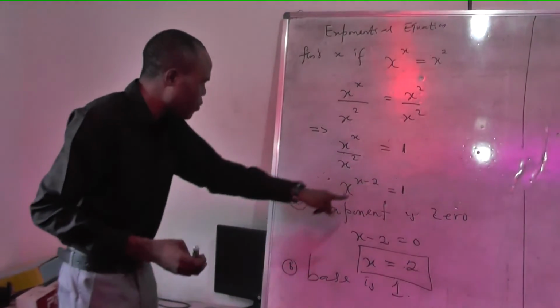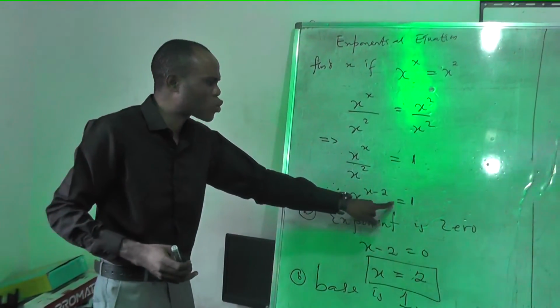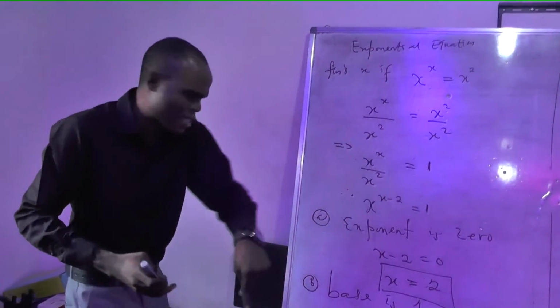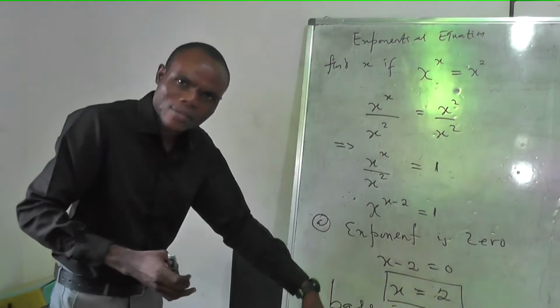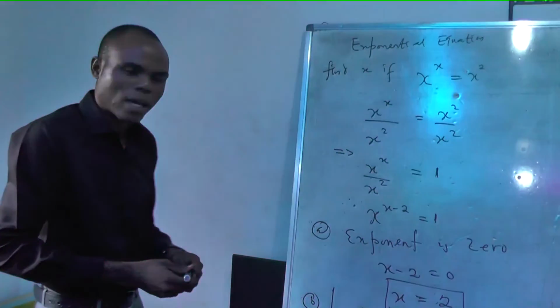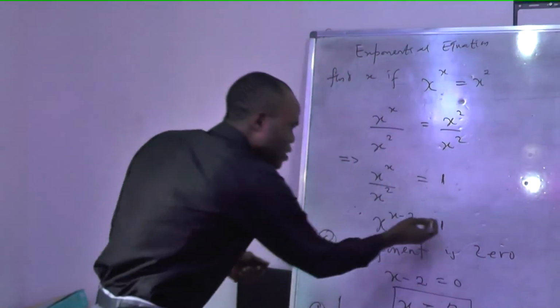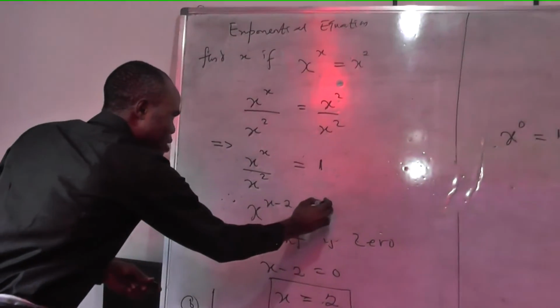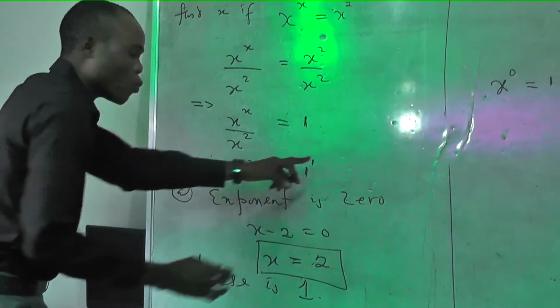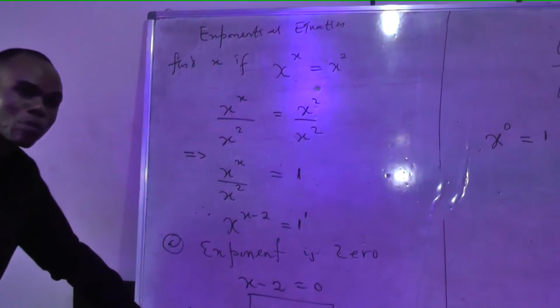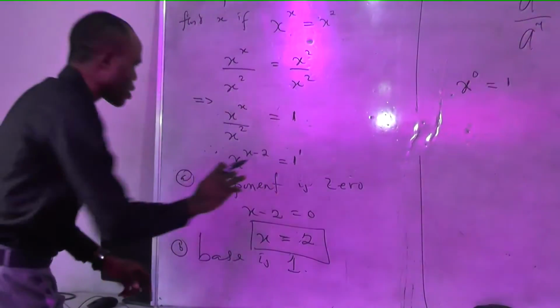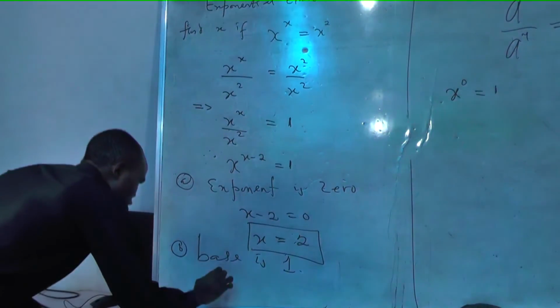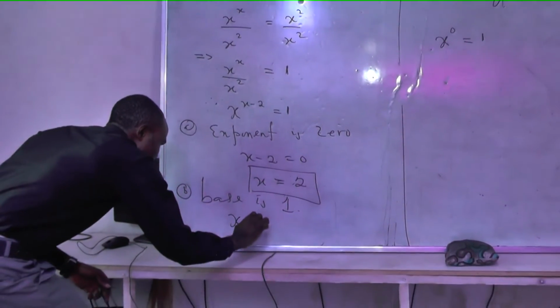If x to the power of x minus 2 is 1, it also implies that the base is 1, because 1 can be written as 1 to the power of 1. If the base is 1, it simply means that x is 1.